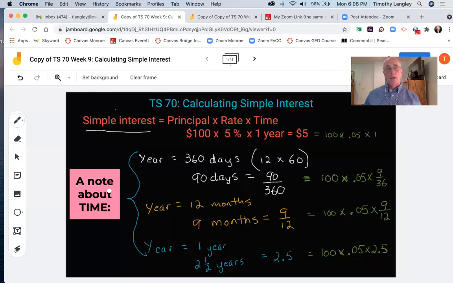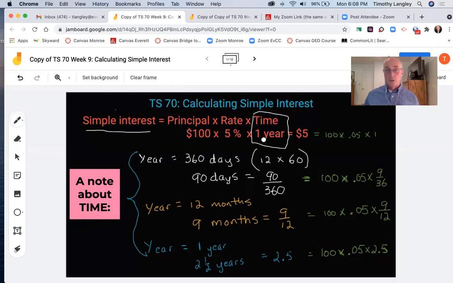Now, I've got a little pink note here that says a note about time. Pay real close attention to this, and it'll set you up for being successful with a lot of the word problems, okay? Generally, the time unit is 1 year. That's how we talk about it, in terms of a year.